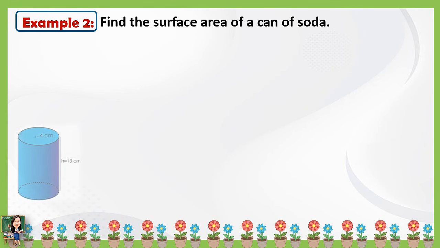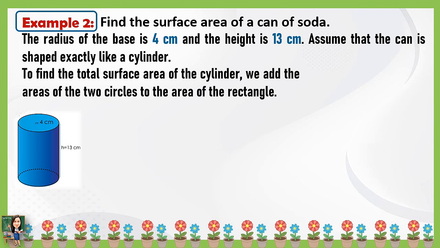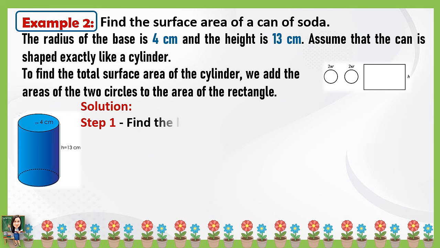Example number 2. Find the surface area of a can of soda. The radius of the base is 4 centimeters and the height is 13 centimeters. Assume that the can is shaped exactly like a cylinder. To find the total surface area of the cylinder, we add the areas of the 2 circles to the area of the rectangle. Solution. Step 1.